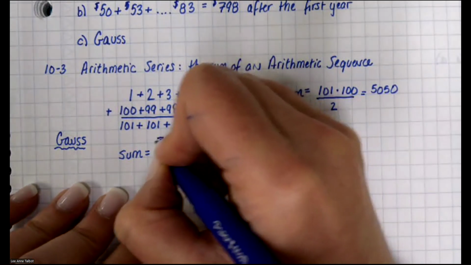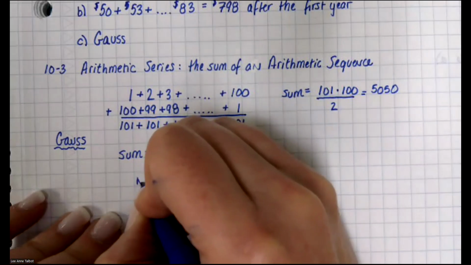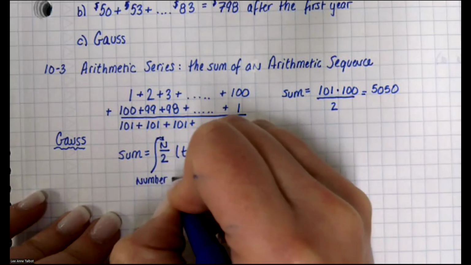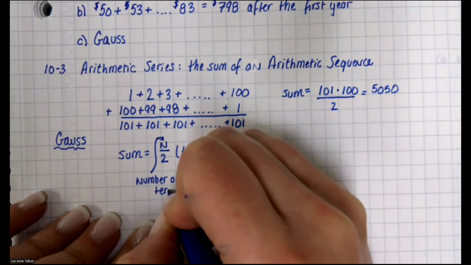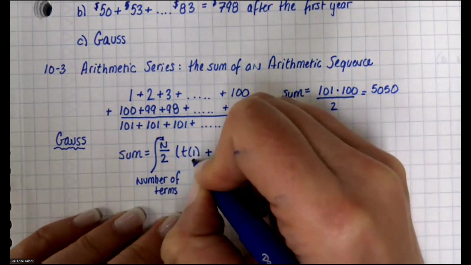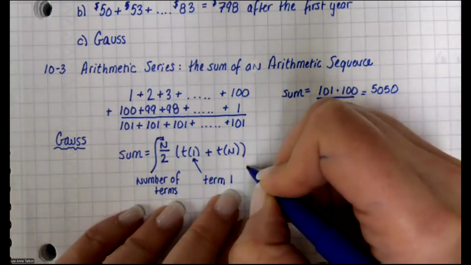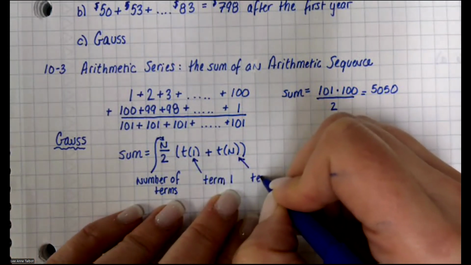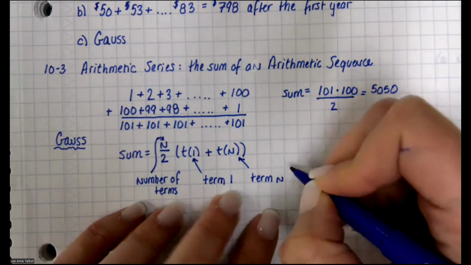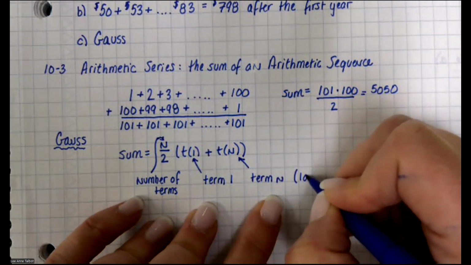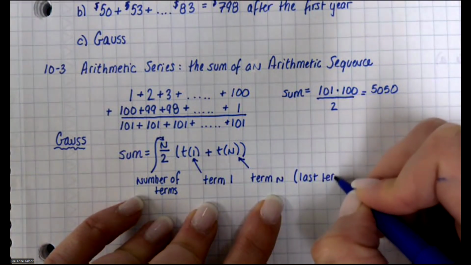N is the number of terms. This is term 1. And this is term n, which is usually the last term.